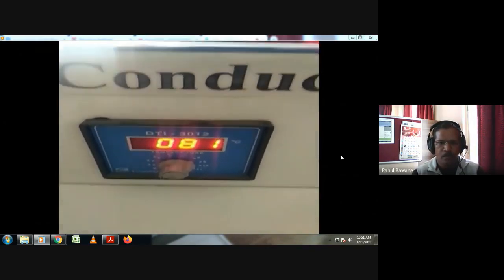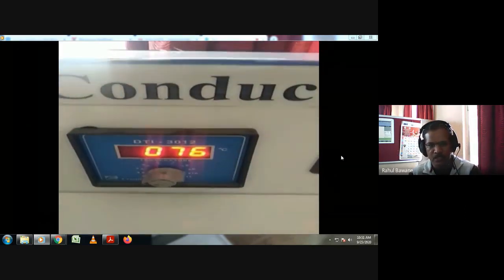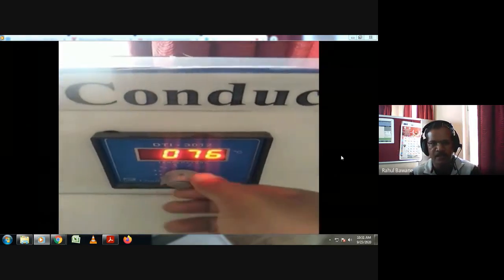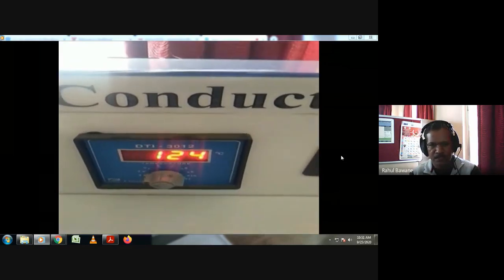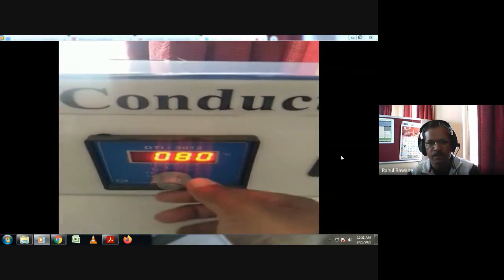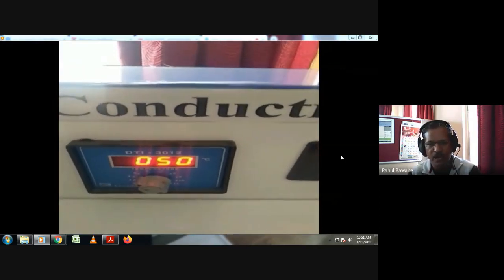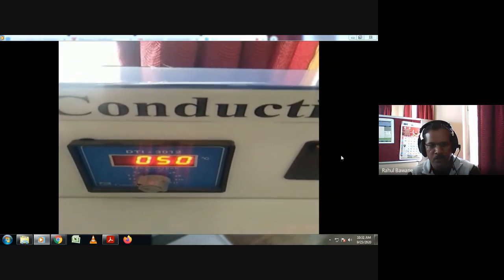So in this experiment, we have to note down only the voltage, corresponding current, and different temperatures as set 1, set 2, set 3, likewise. But it requires at least 1.5 hours or 2 hours to get the steady state condition.